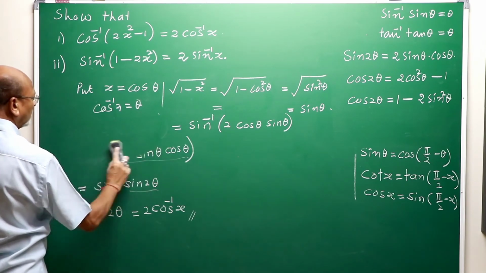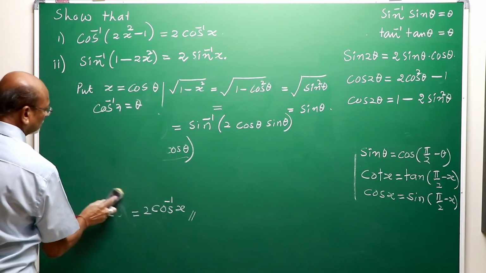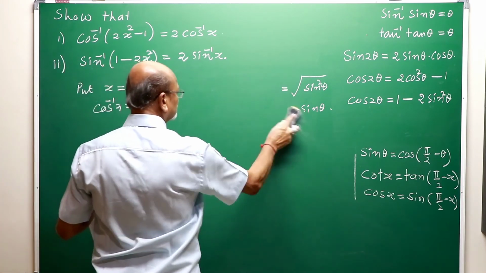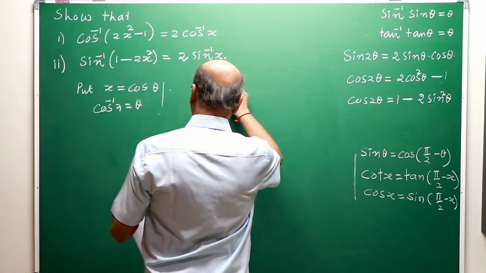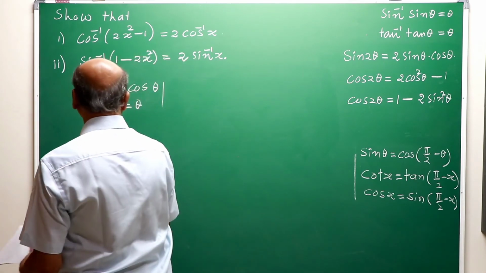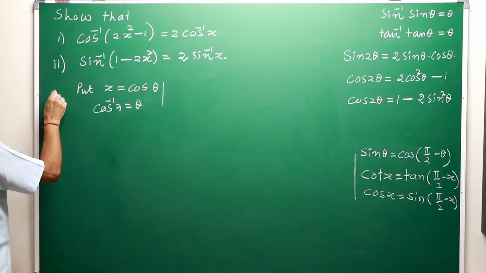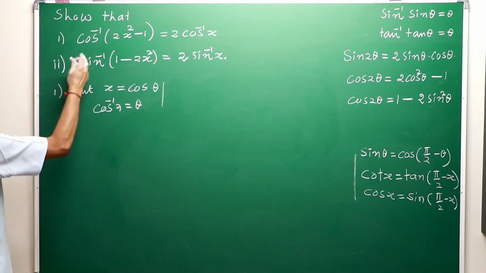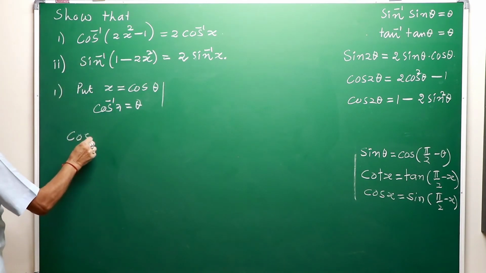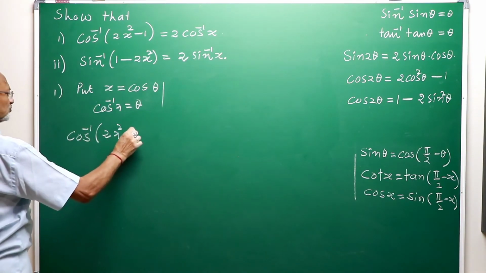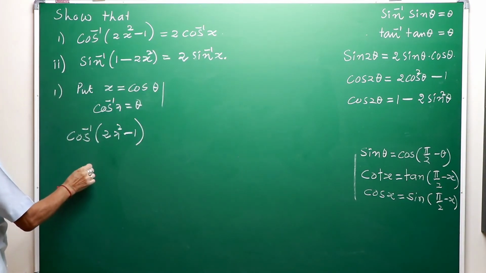Then cos inverse x is theta. This is the first LHS: now cos inverse of 2x square minus 1.